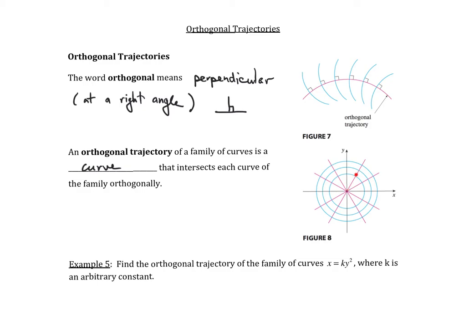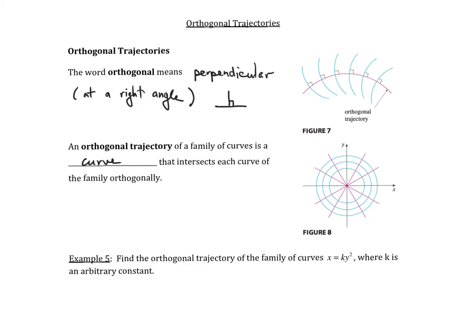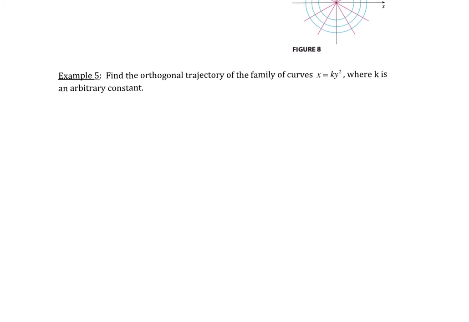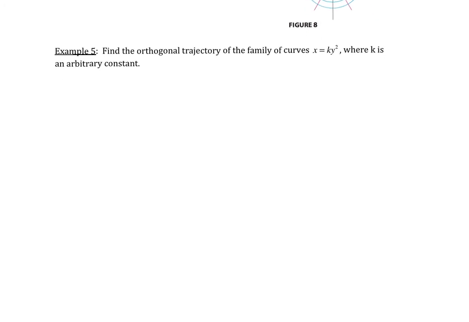Any one of these red lines makes a right angle with each of those circles at a point of intersection. Oftentimes we want to find the orthogonal trajectory of a family of curves. So let's take a look at example 5.